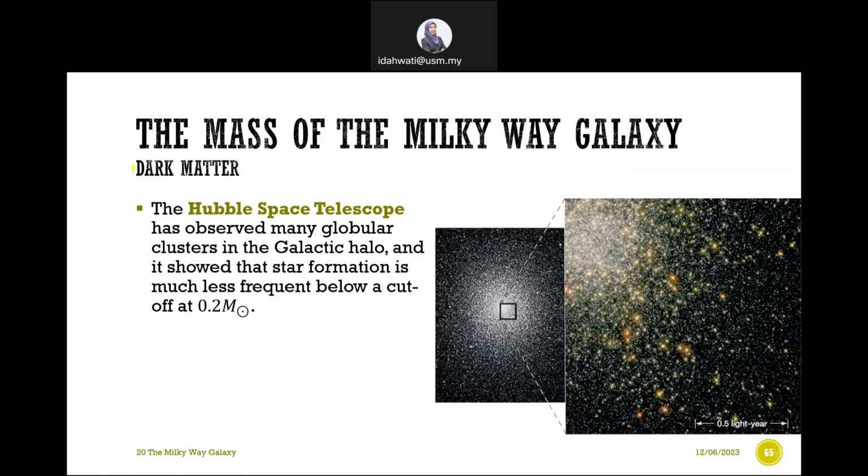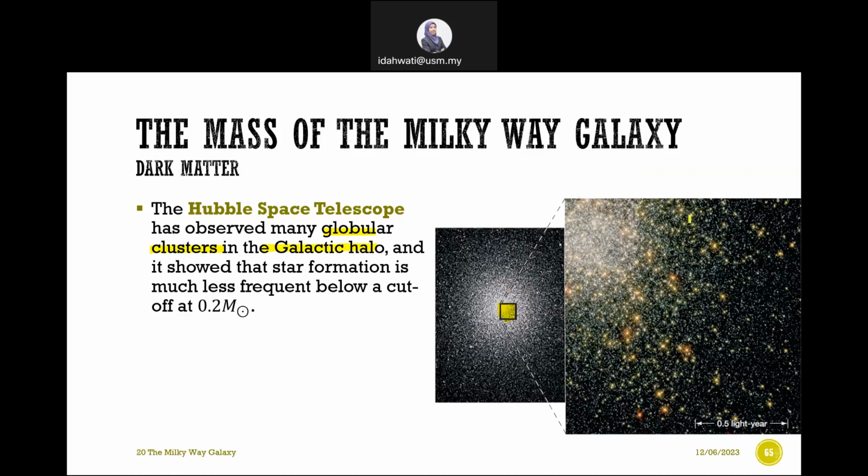Okay, so about the dark matter. The Hubble Space Telescope, HST, observed many of the globular clusters in the galactic halo, located in here. This is a zoomed-in image of this white area, and it shows that star formation is much less frequent below a cutoff at 0.2 here.